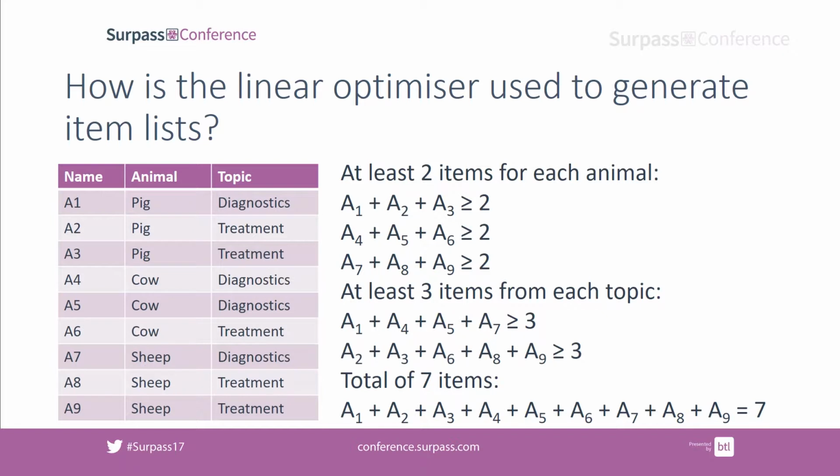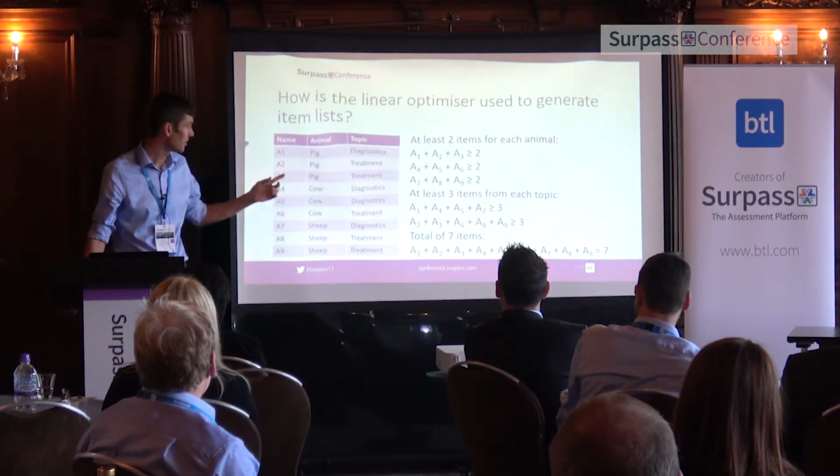It's got 9 items, and we've got 2 different domains, which in Surpass language are tags. So we've got an animal tag and a topic tag. Of the animals, we've got 3 items for the pig, 3 for cow, 3 for sheep, and we've also got topic, so diagnostics and treatment.